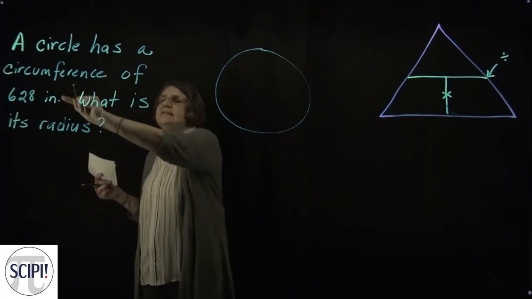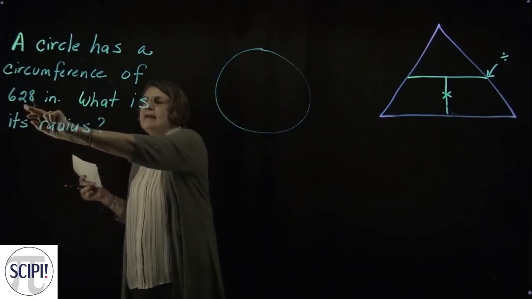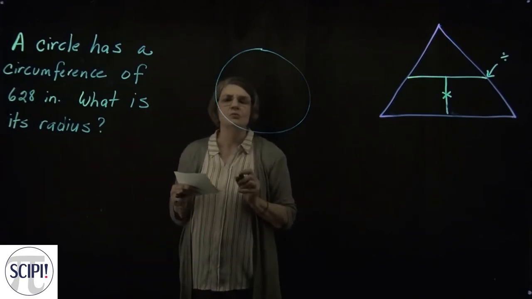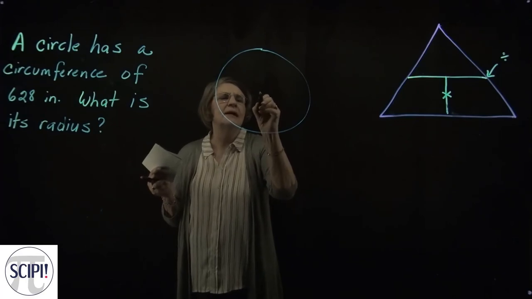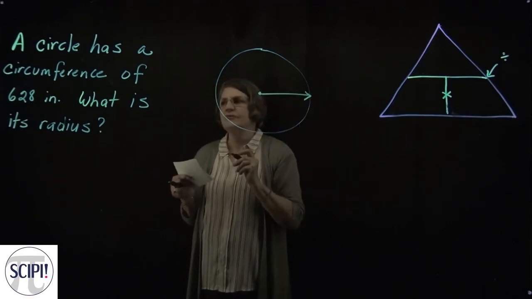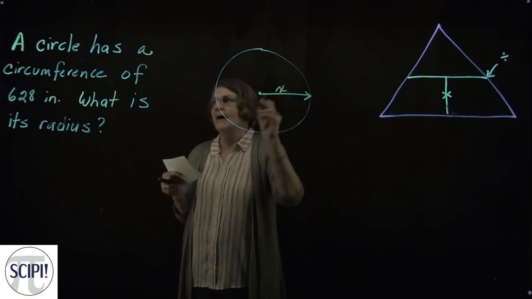So we know the distance around the circle is 628 inches. And we have to find its radius. So what is radius? Anybody? Demetrius? Right, it's from the middle of the circle to the edge. That is a radius. And that's what we're trying to find.